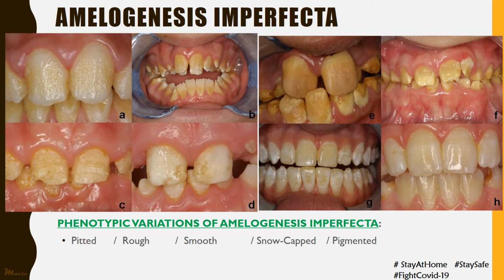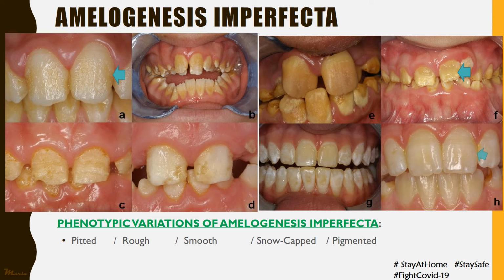So as discussed before, the classification of amelogenesis imperfecta is not based on the clinical characteristics but rather on the mode of inheritance. A variety of phenotypic variations can be seen in amelogenesis imperfecta. These may vary from pitted surfaces to rough surfaces.